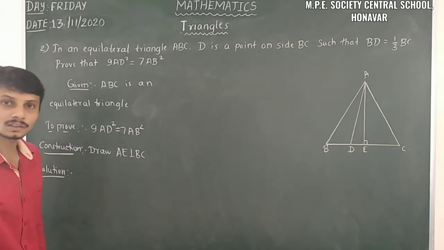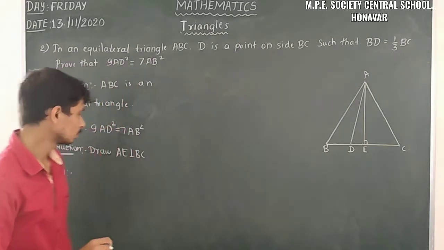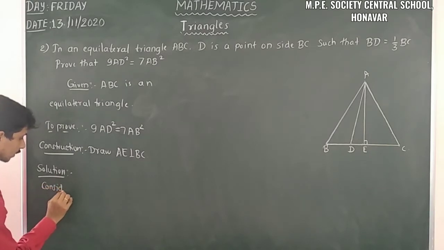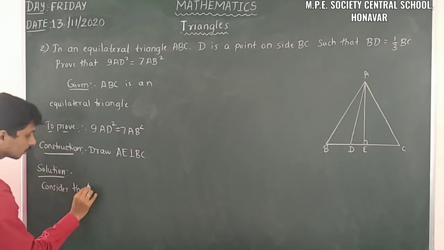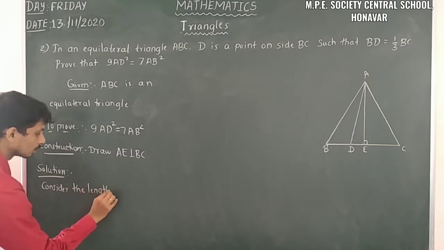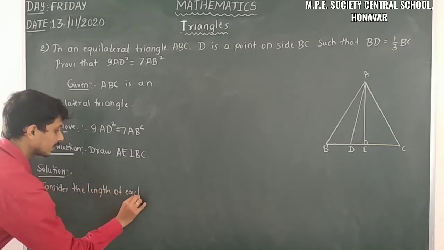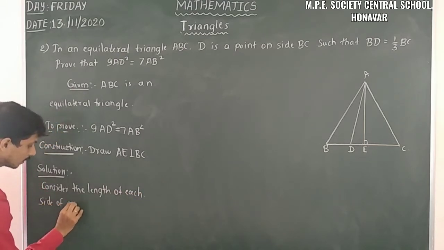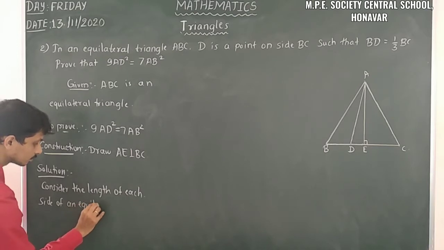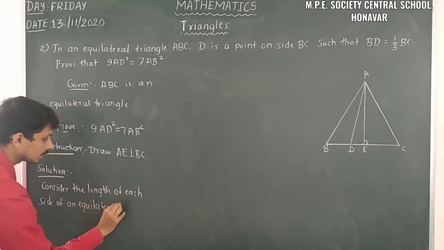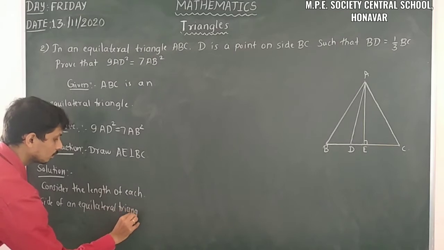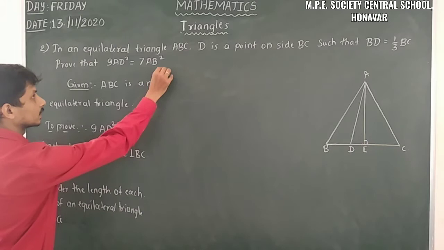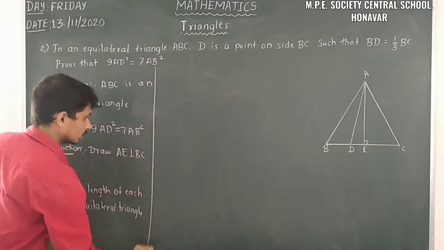So let's take the length of each side equal to A. Consider the length of each side of an equilateral triangle is A. Yes.